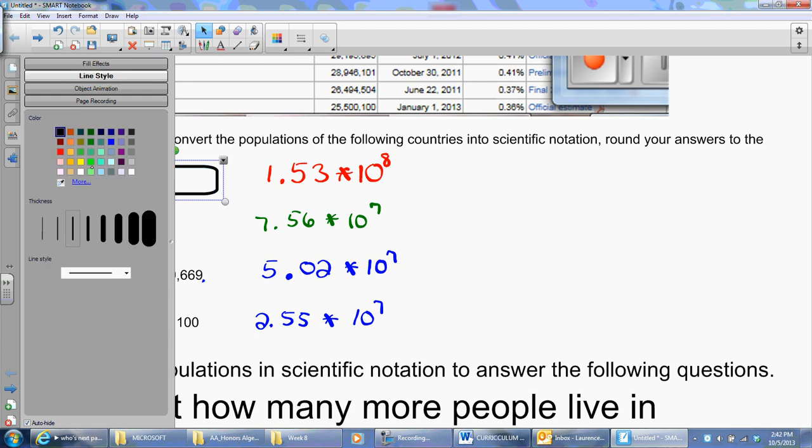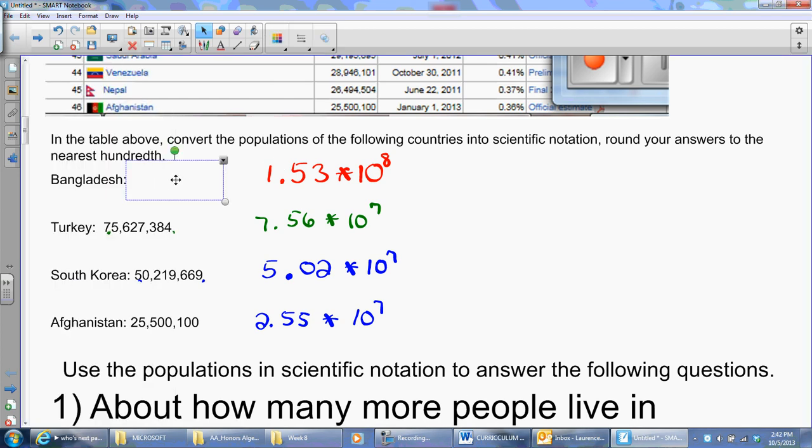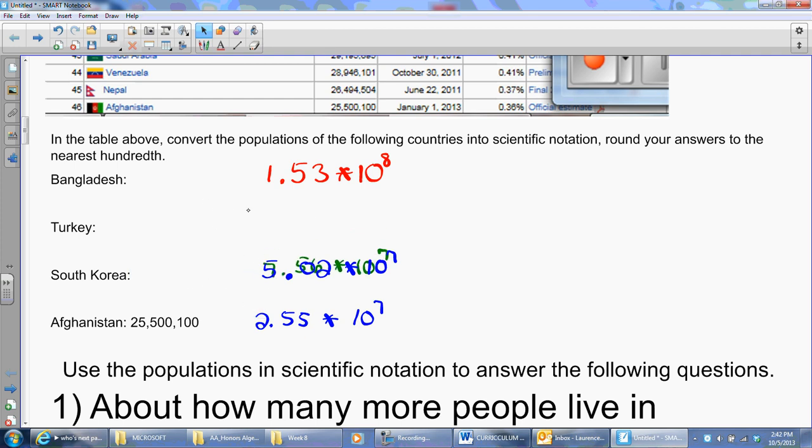There we go, and I like this. And then, haha, it looks like it's missing. It's not really missing, it's just hidden. And, oop, I missed the last one. Where'd it go? There we go. Okay, so now we're going to work with only the scientific notation numbers.